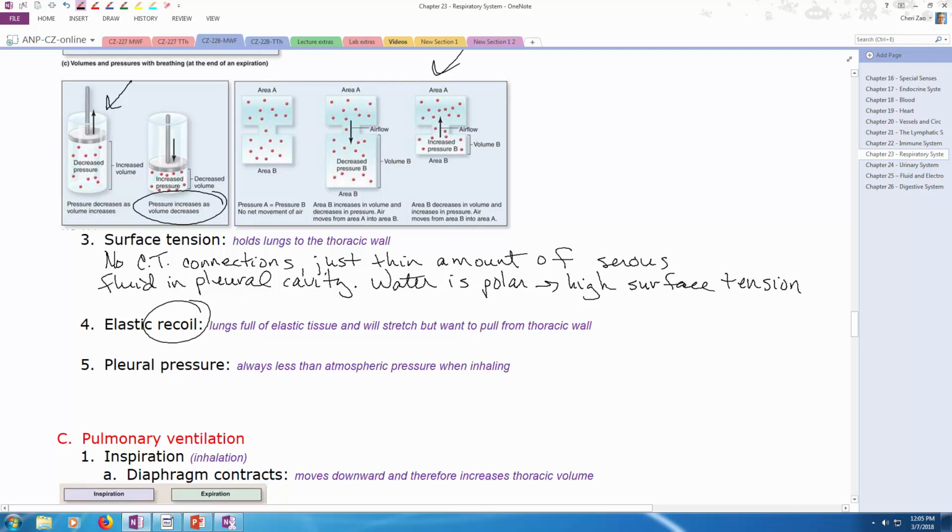The other thing to keep in mind, which also contributes a little bit to that negative pressure, is that our thoracic wall actually wants to spring open. If you did not have your sternum intact, and often whenever we do coronary artery bypass surgery, we have to cut through the sternum to get to the heart, the chest wall springs open.